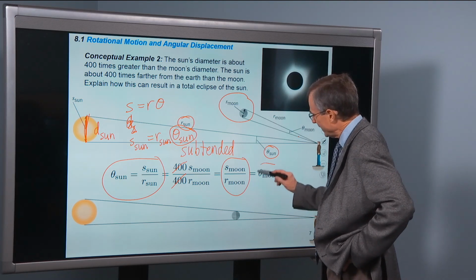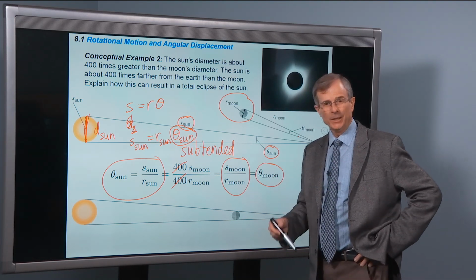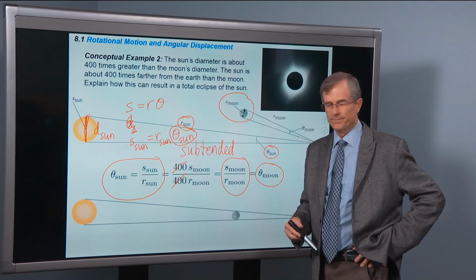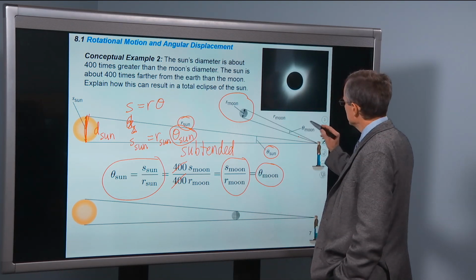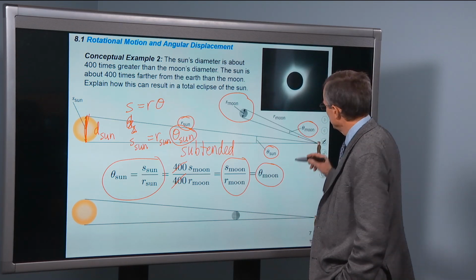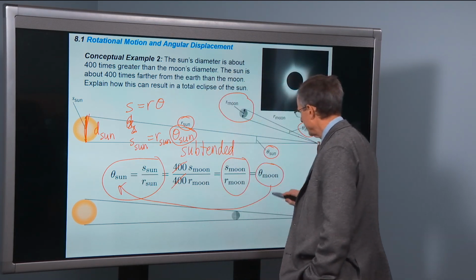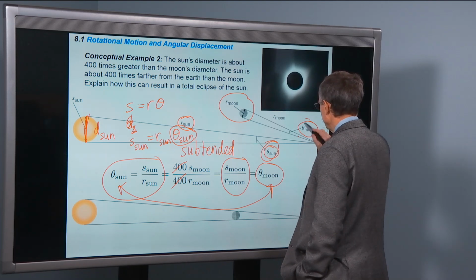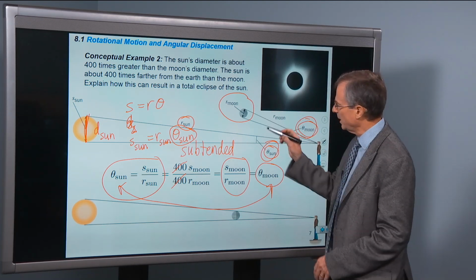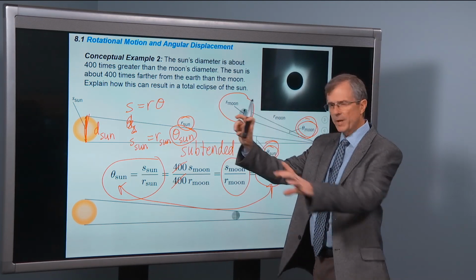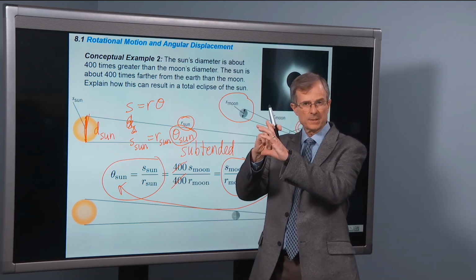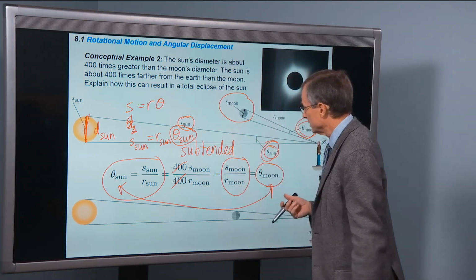And that has to be equal to the angle subtended by the moon. So that says that this angle subtended by the moon is the same as the angle subtended by the sun. These two angles are the same. And that's the reason why you can get the moon right in front of the sun and cover up the disk of the sun. That's what happens at a total solar eclipse.